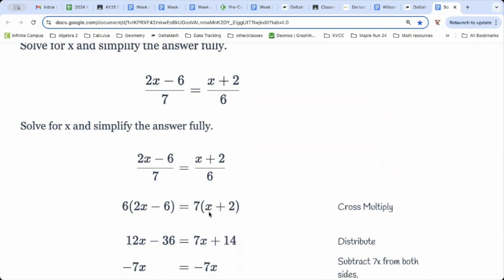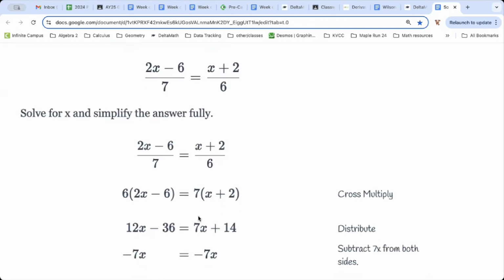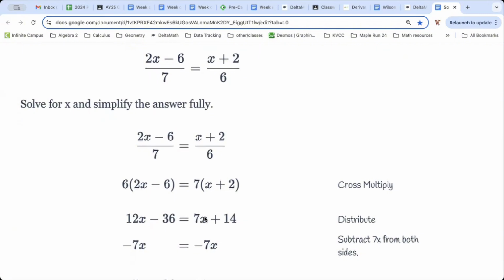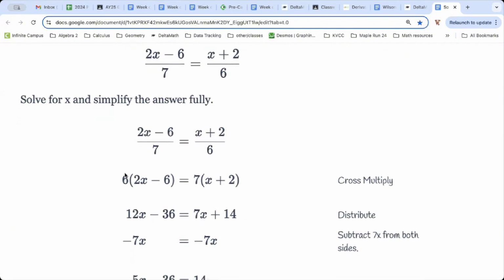What if you put this on the left-hand side and this on the right-hand side? Would that be okay to do? Absolutely. That changes nothing. They're exactly the same, they're equal to each other. Next thing you want to do is the distributive property. Everything inside this parenthesis will get 6 times bigger.